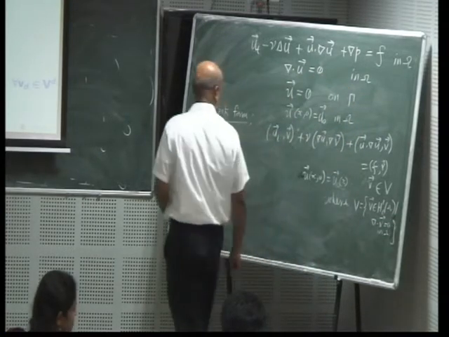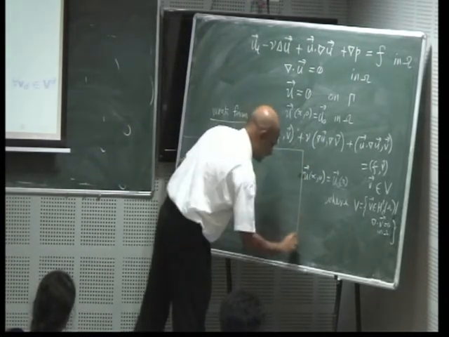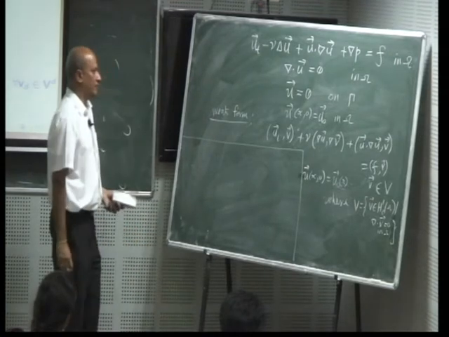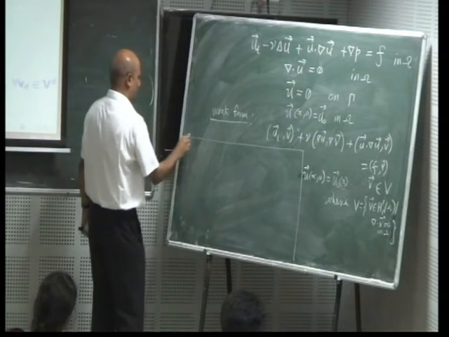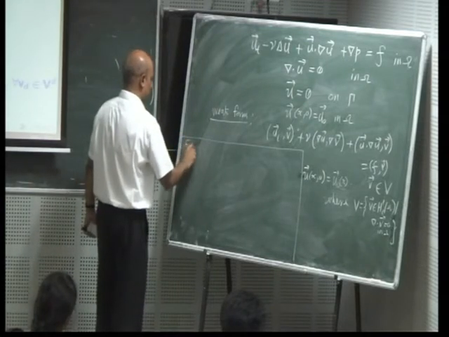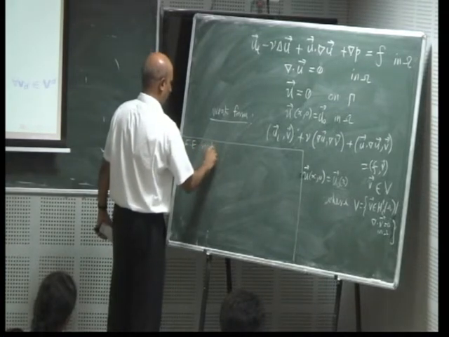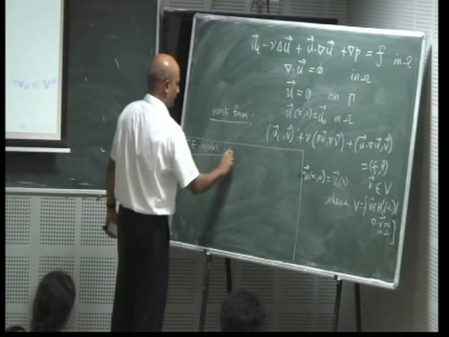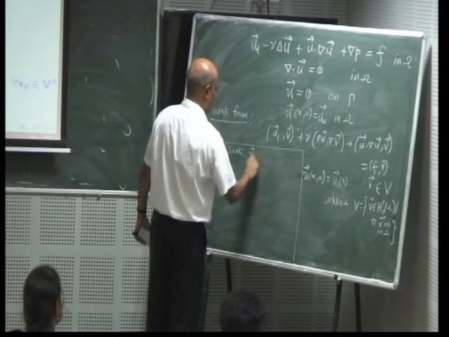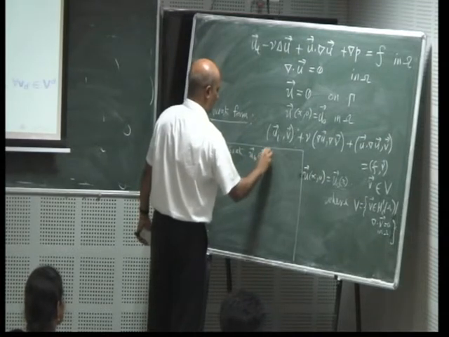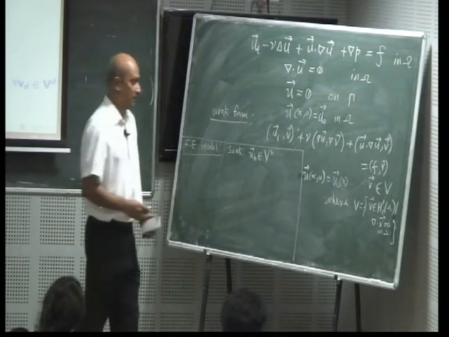So the finite element approximation. Let me first introduce that, then I will define the reduced order model. The finite element approximation is this. You seek an approximation u_h in a finite element subspace, a piecewise polynomial subspace.